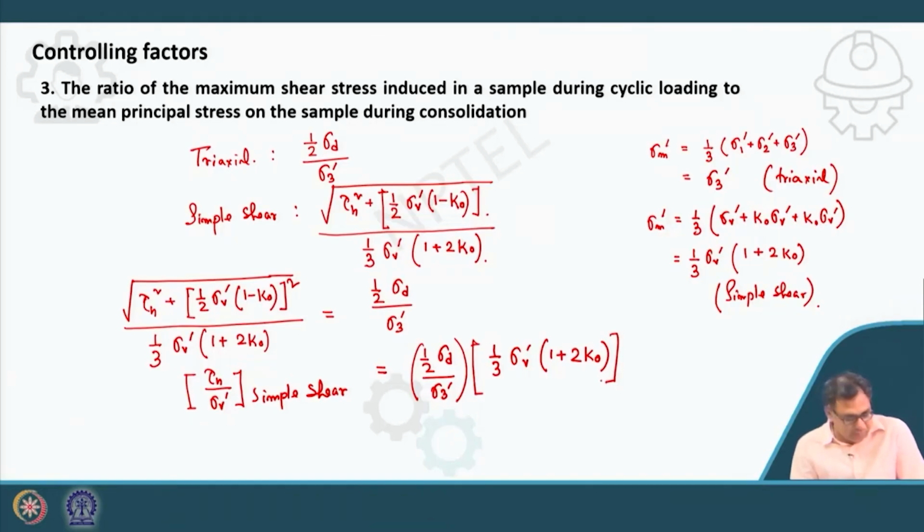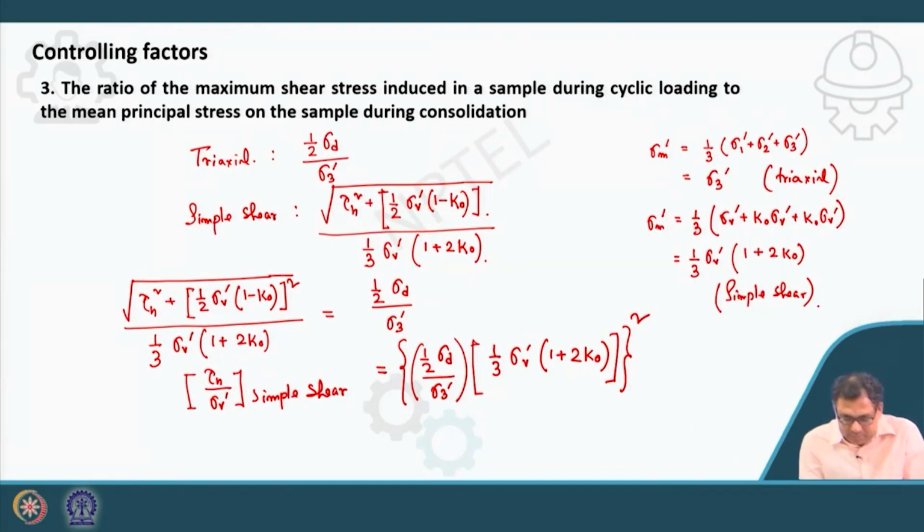Now we have to square them. First multiply these two terms, then square it. Then you take this side, this side.